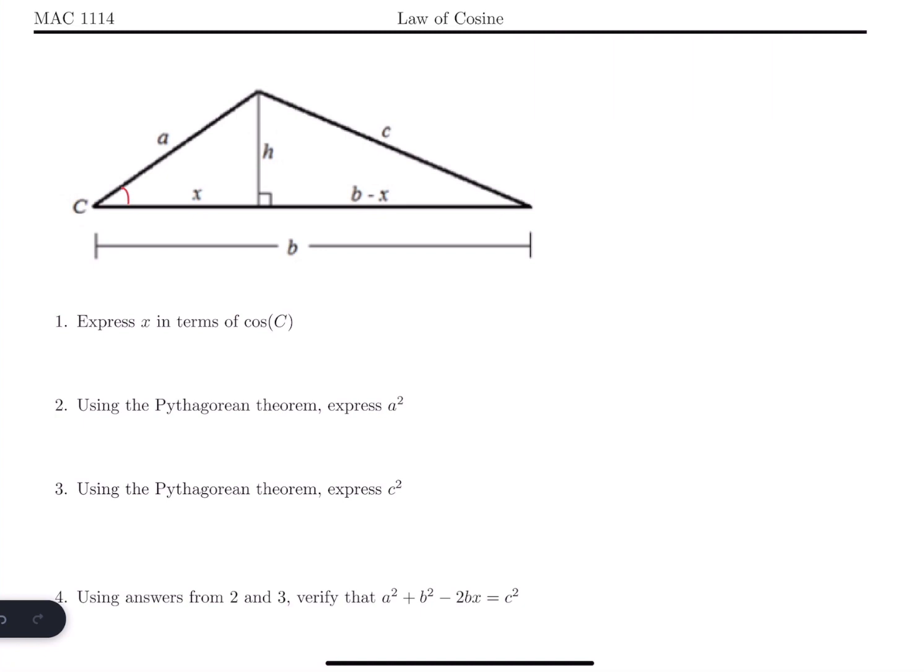First we're going to express the length x in terms of cosine C. Cosine of angle C will be x over a, from this smaller right triangle.